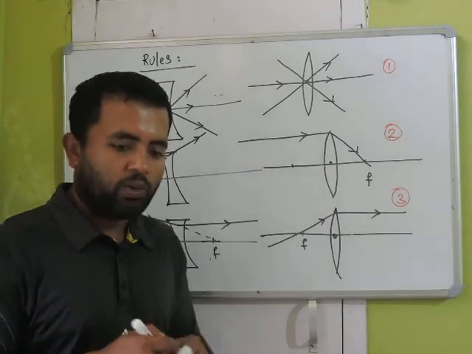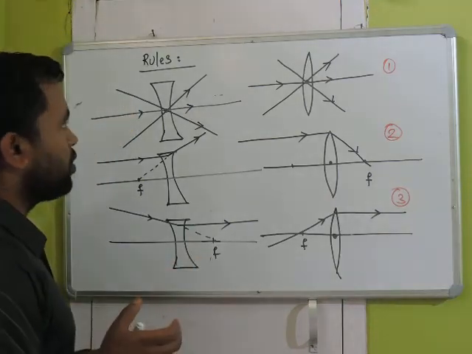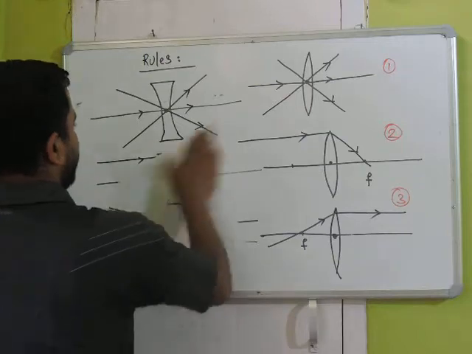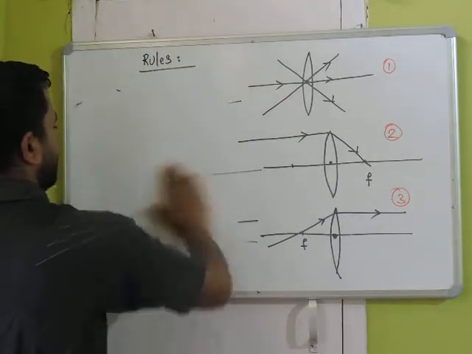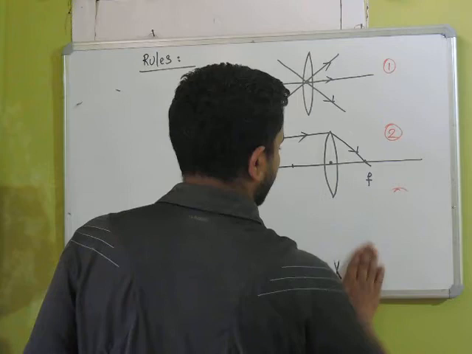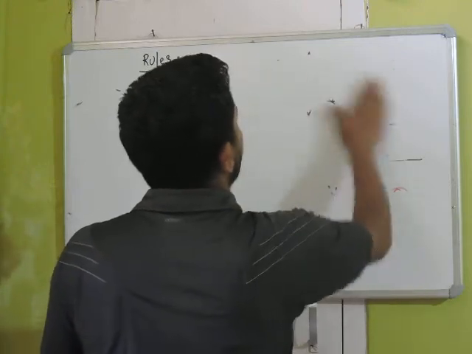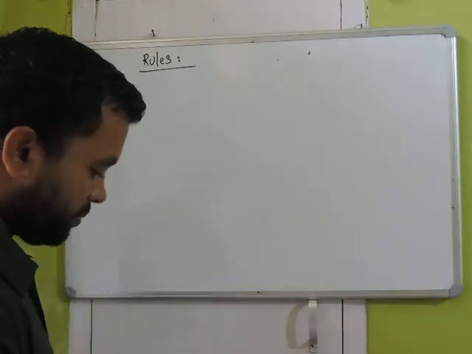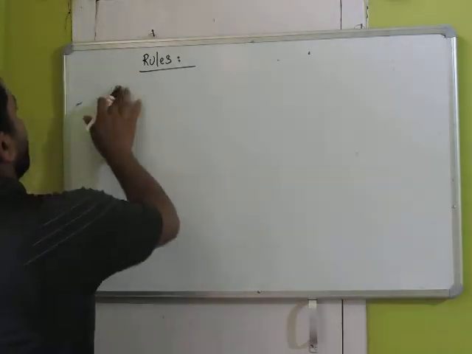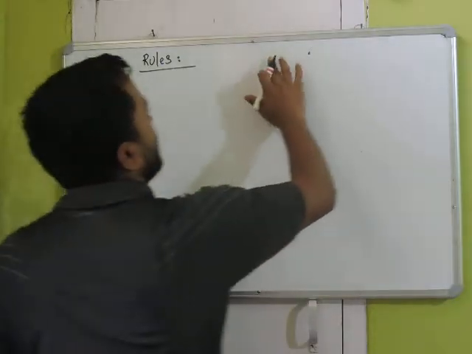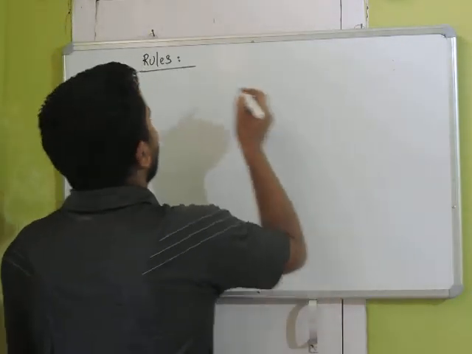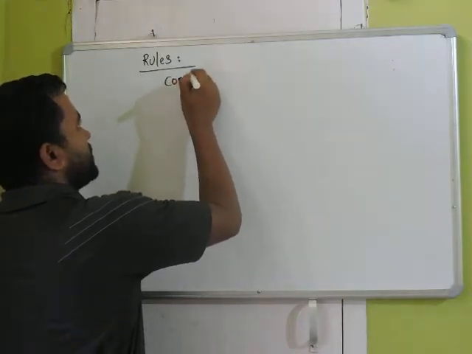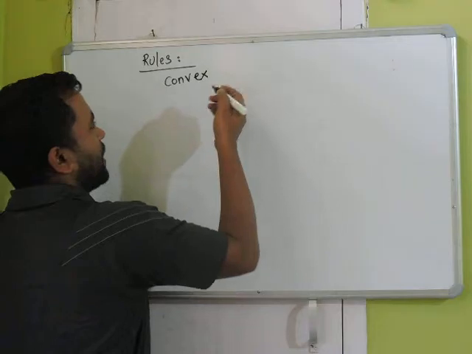Now let us say we want to draw a ray diagram related to a convex or concave mirror.